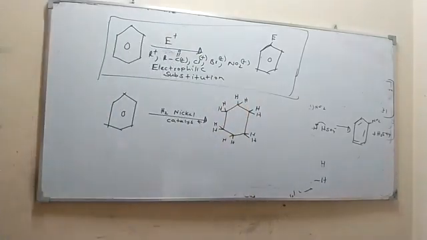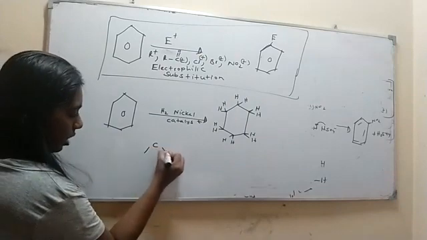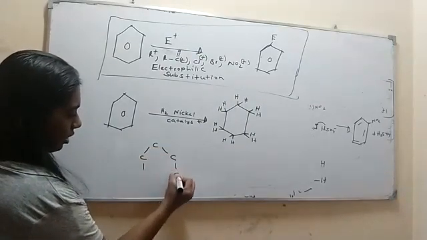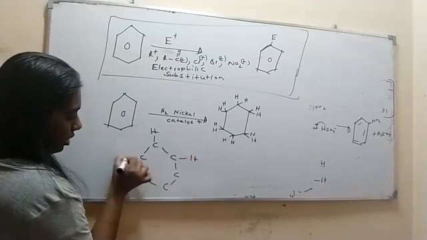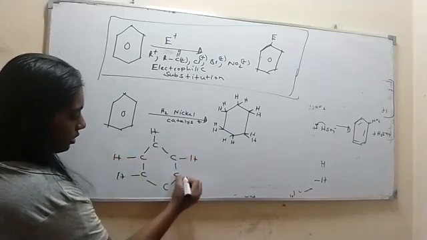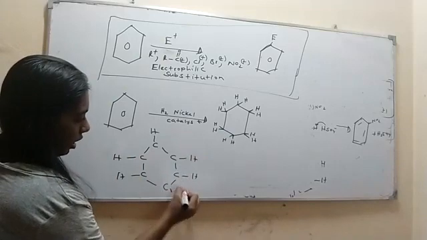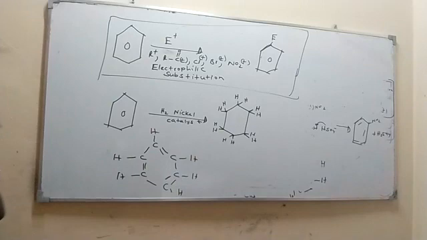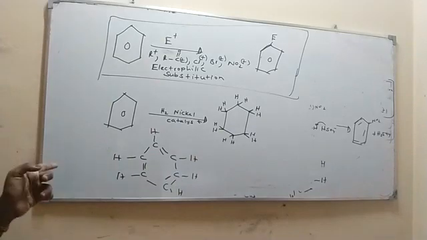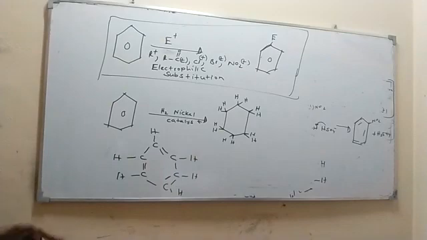If it is difficult to understand, there are 6 carbons in the benzene ring. This is normal benzene, with hydrogen here, here, here, here, and in between there are double bonds. When we put H2 nickel catalyst, you would have studied this reaction for alkenes also. Alkenes also we put this and reduce to alkane. Same here.